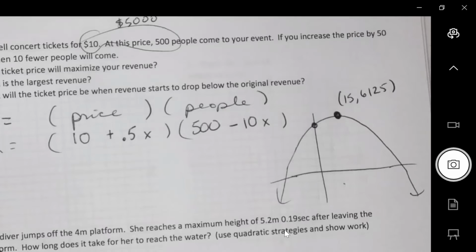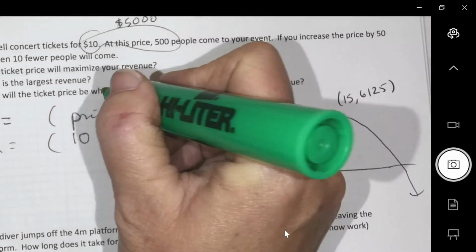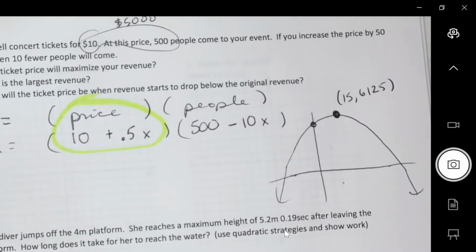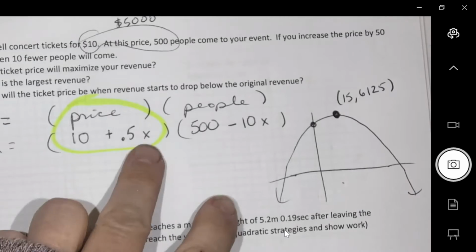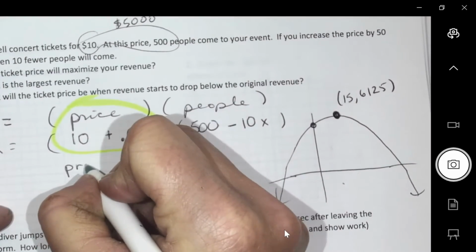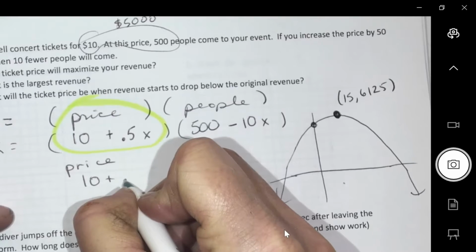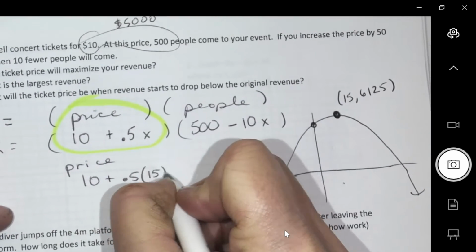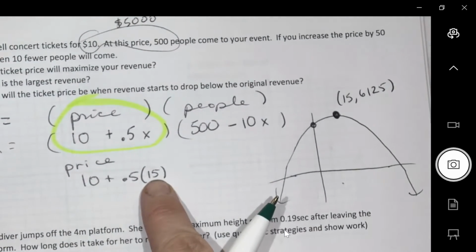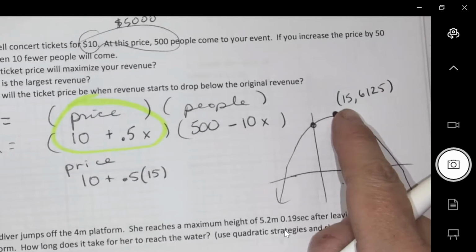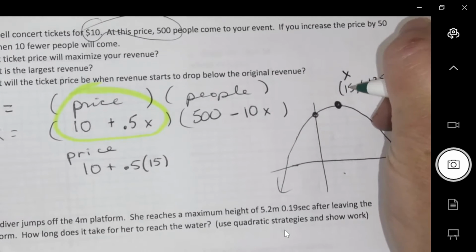So here's how we're going to answer it. The ticket price. Now I'm going to replace X with a 15, because that's the X value that I want.